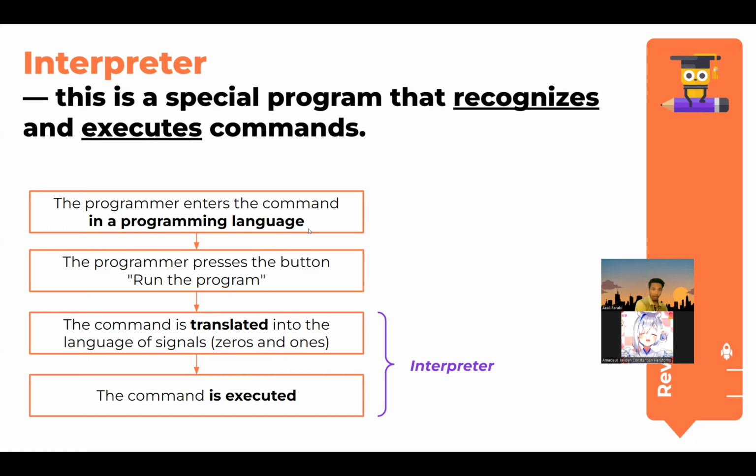So we have this definition: an interpreter is a special program that recognizes and executes commands. So it does not only translate the programming language, but basically a program that executes your code is an interpreter. Okay, Jaden?